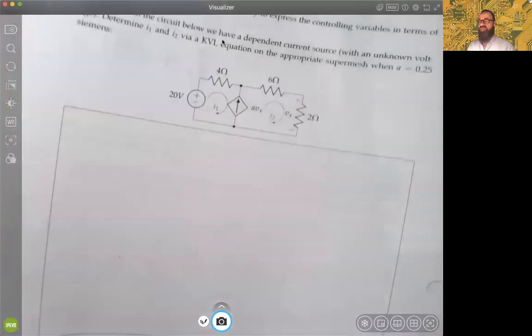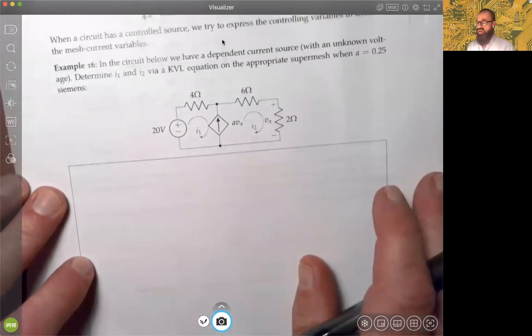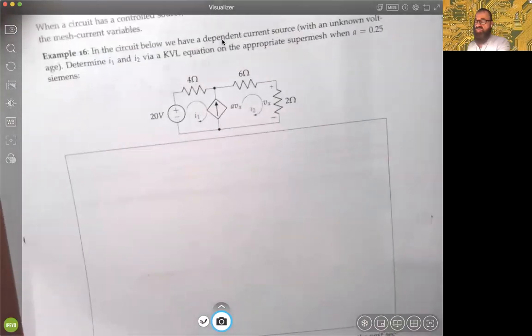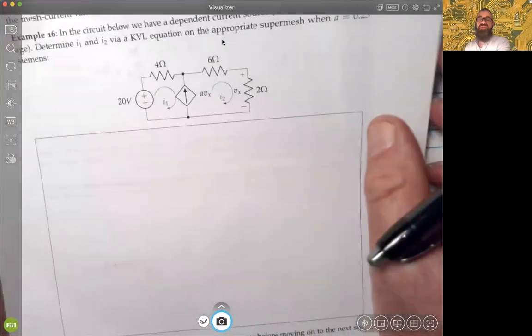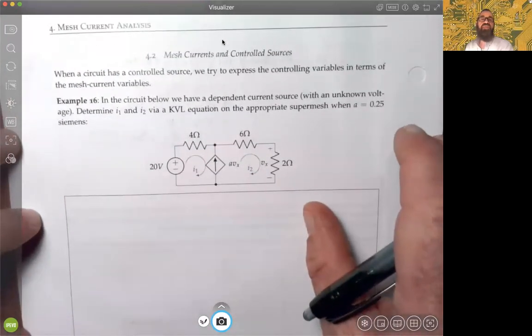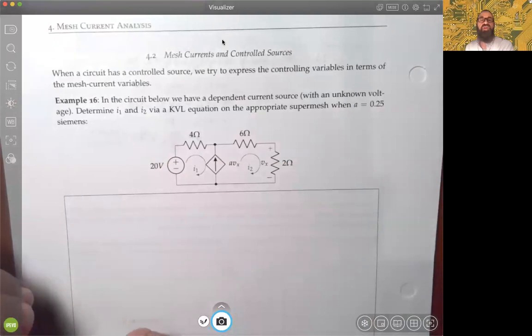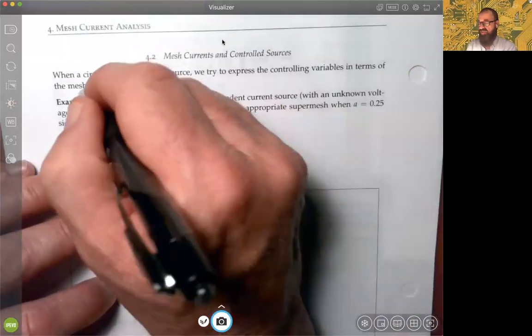It's very similar. The only difference now is what happens if the sources are dependent. In other words, what we're looking at is when the circuit, as indicated here on the top of page 64, has a control source, you simply want to try to express it in terms of the mesh current variables.